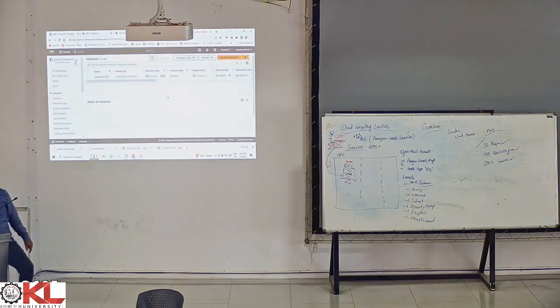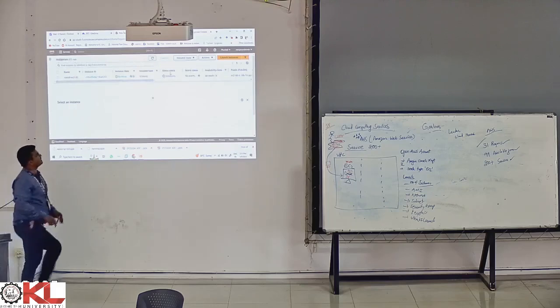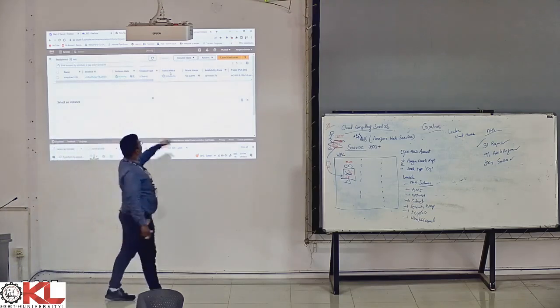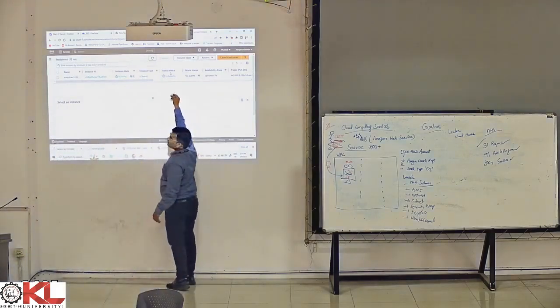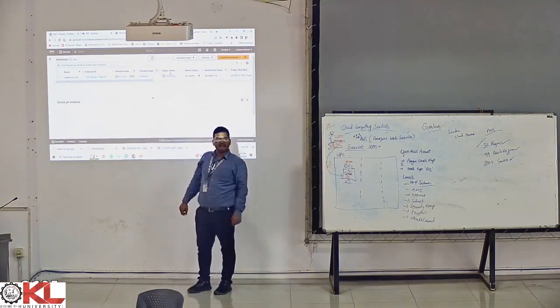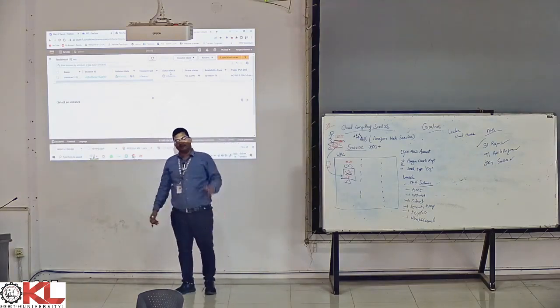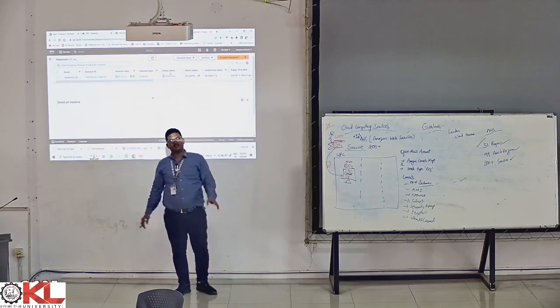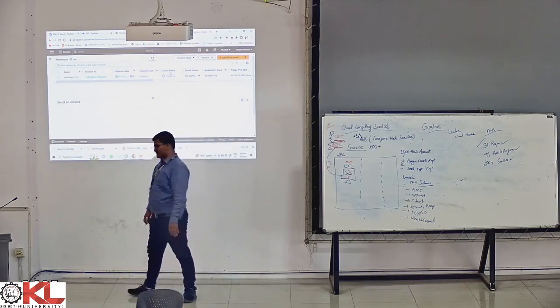Obviously it will take you to a running mode, and once the status check, if you see here, this has to show 2/2 checks passed. One is the system check and another one is the instance check. These two health checks are mandatory to connect with your EC2 instance.